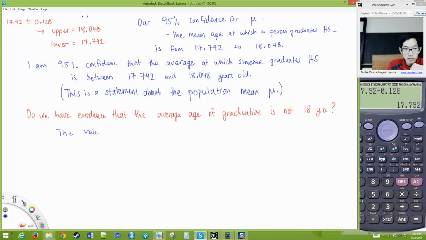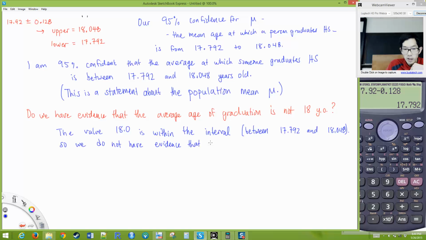The value 18.0 is within the interval, meaning it's between 17.792 and 18.048. Okay? So we do not have evidence that it is not 18 years old.